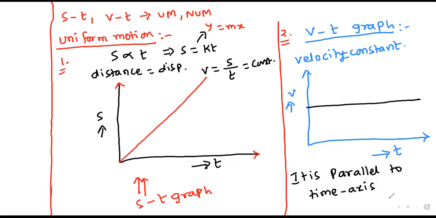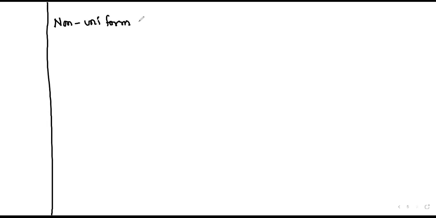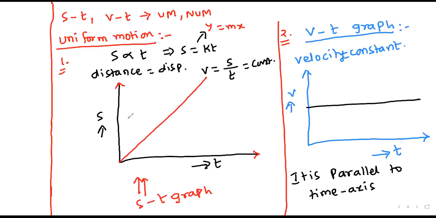Now non-uniform motion. Before going to non-uniform motion, here we have 3 points. In the first graph, the slope under the displacement time graph: what is the formula for slope?